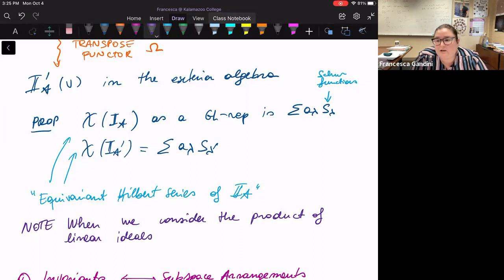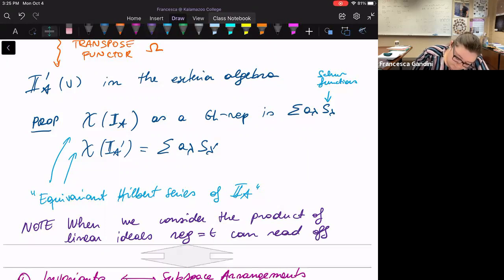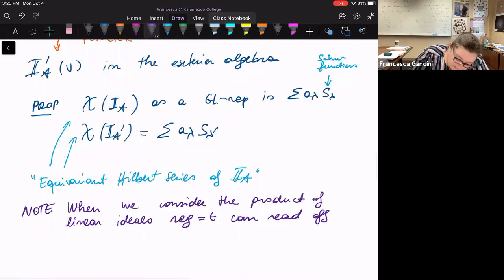And so the regularity is equal to T, and so we can read off the Tor modules from this character.